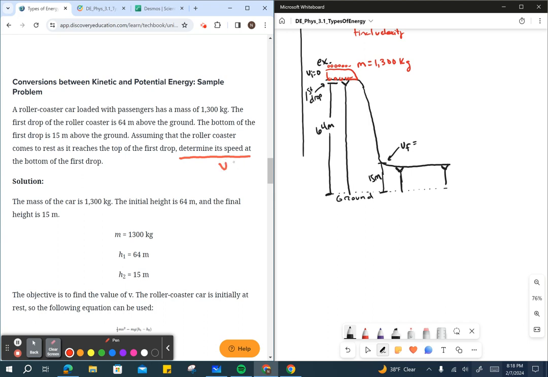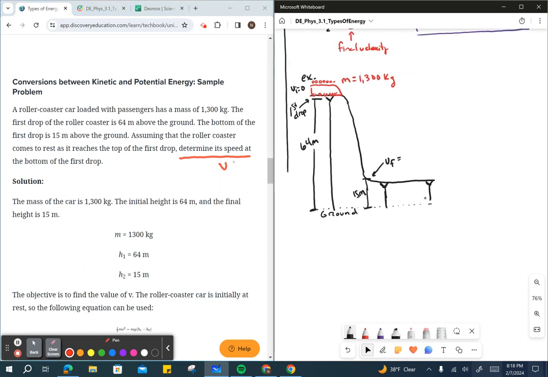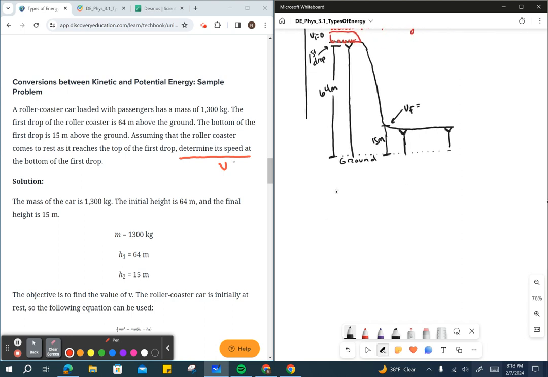That's velocity, right? Which of our formulas is going to solve for velocity? Well, we have two equations. We have a kinetic energy equation, which is 1/2 times mass times velocity squared.